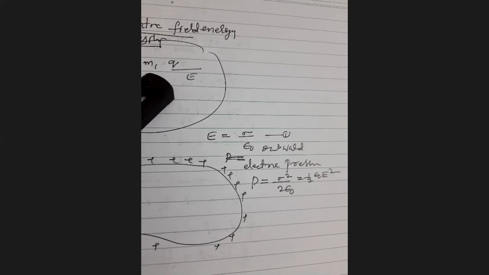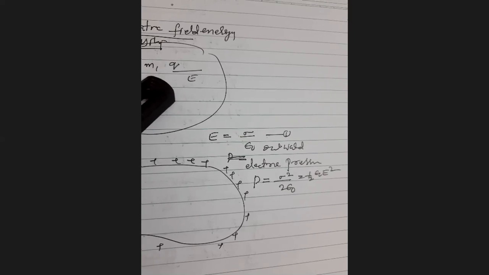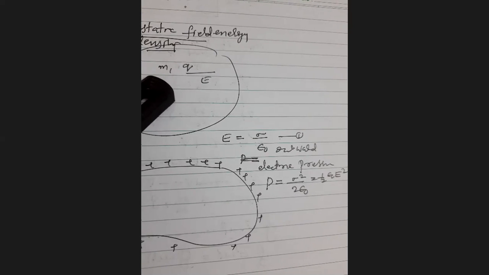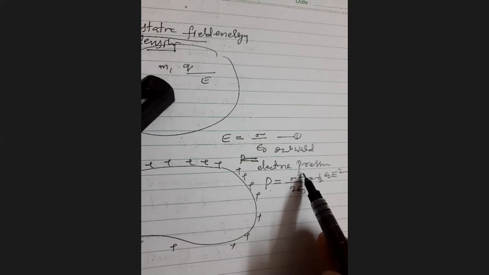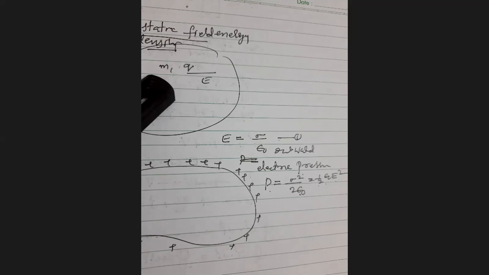So that is what we proved in the previous derivation. What I am saying is, the mechanical force acting on the charged conductor at any point, or the outward electric pressure at any point, is given by P equal to sigma square by 2 epsilon naught, that equals half epsilon naught E square.